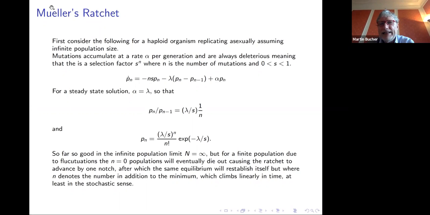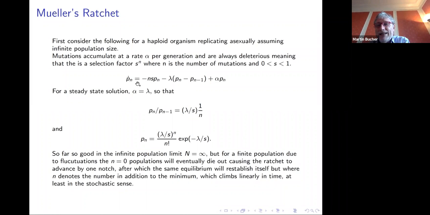So, oops, I didn't correct some of the notation, but this should be lambda, I think. So I'll correct this before I post these slides. But we have, I decided to write this as a continuous process. So n is the number of mutations, and it is always bad to have these deleterious mutations.